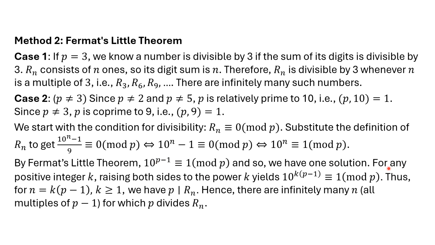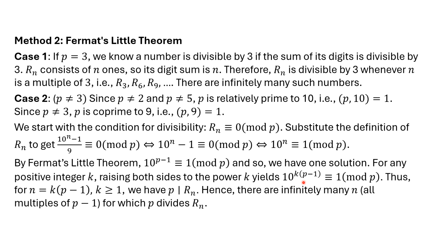So what we want, though, is to prove there's an infinite number of solutions in this case. P doesn't equal 3. So for any positive integer k, raising both sides of this to the k power, we get this. And if you recall from the previous lesson, I showed that if two numbers were congruent, then their integer powers are also congruent.